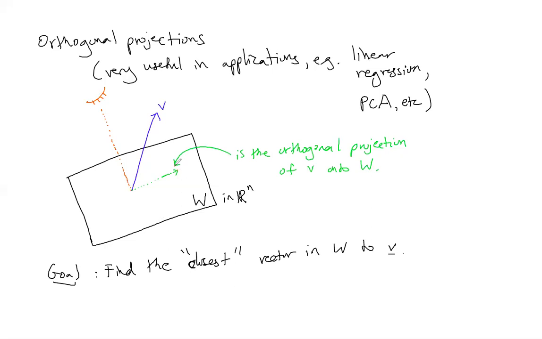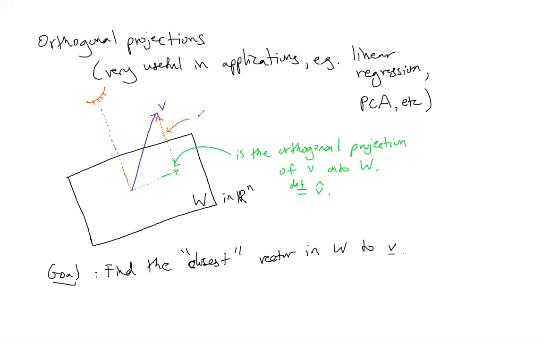It's defined to be the vector, we call this, say, v hat. It's defined so that if you take the difference between v and v hat, you get this orange vector.